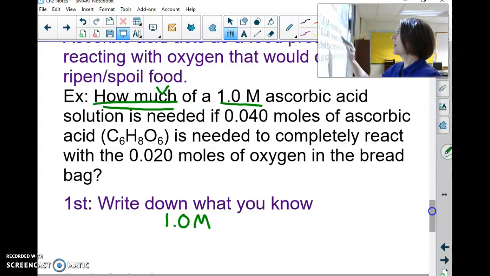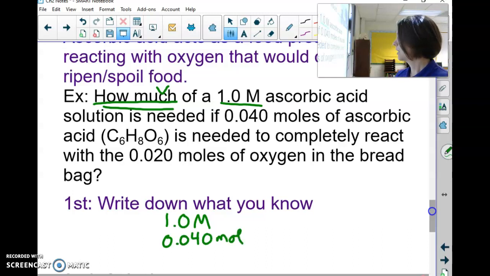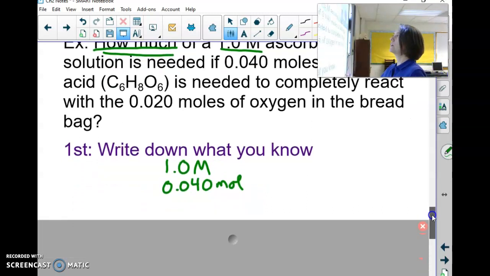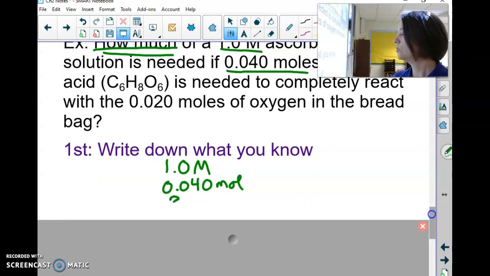So if we're looking at a 1.0 molar ascorbic acid solution, should we use the number of moles of ascorbic acid or the number of moles of oxygen? The number of moles of ascorbic acid. So that is our number of moles, 0.040 moles. And then, like we already figured out, our question mark is our volume.